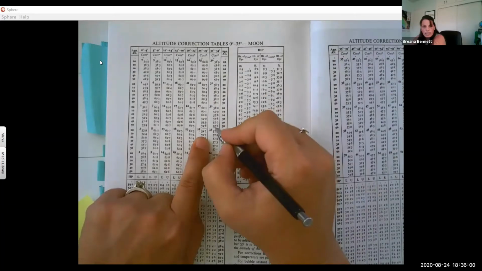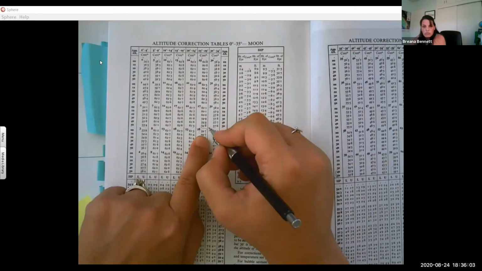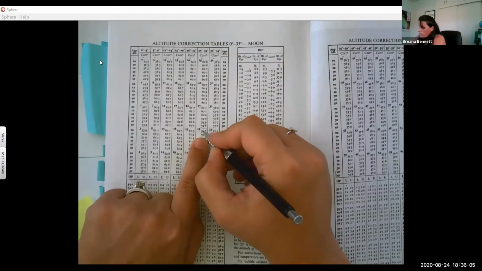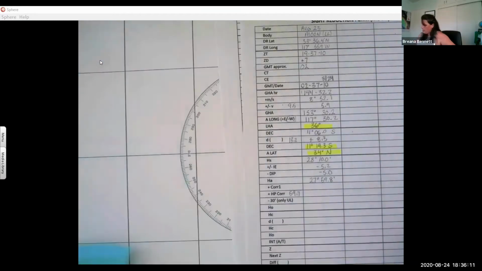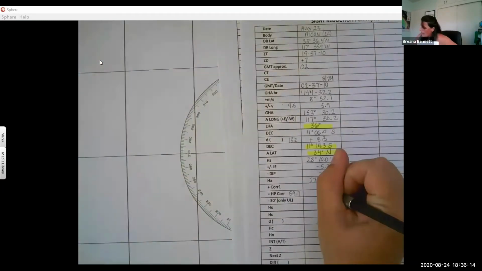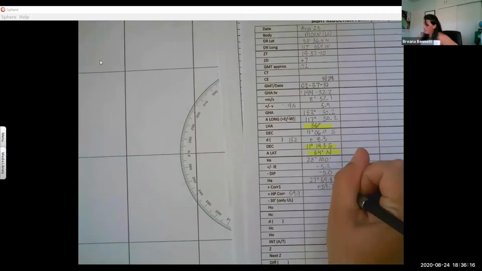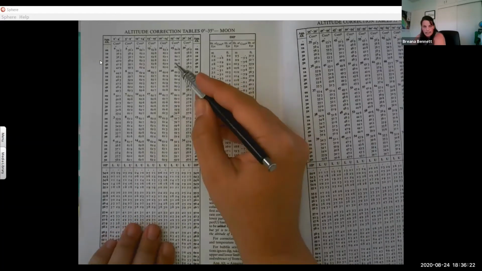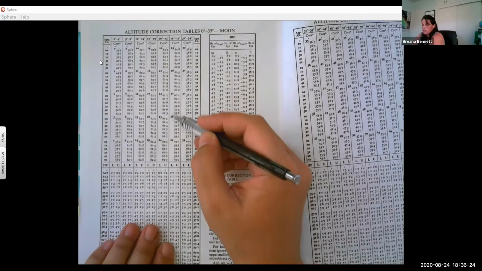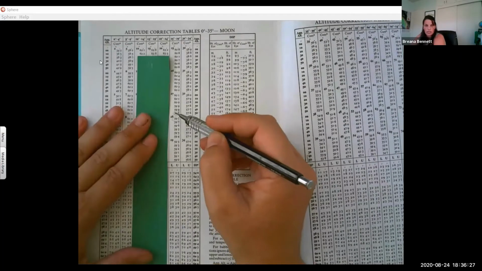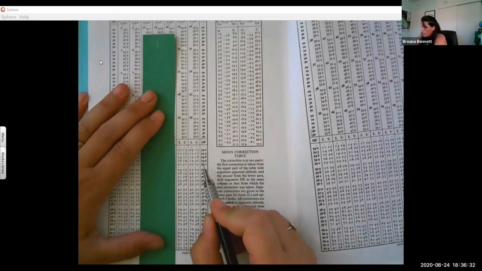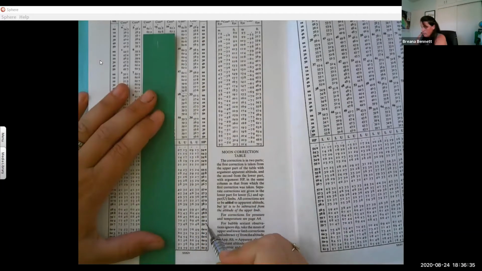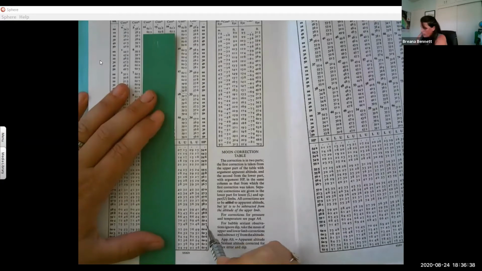So we're going to use that 28.0 because that's what we're closest to. So we're going to use 59.7. Happens to be our HP. So we're always going to add that 59.7. And then we're going to stay in the same column here. Staying in the same column, we're going to go down to our HP. So our HP was 59.7. So this is our HP right here.